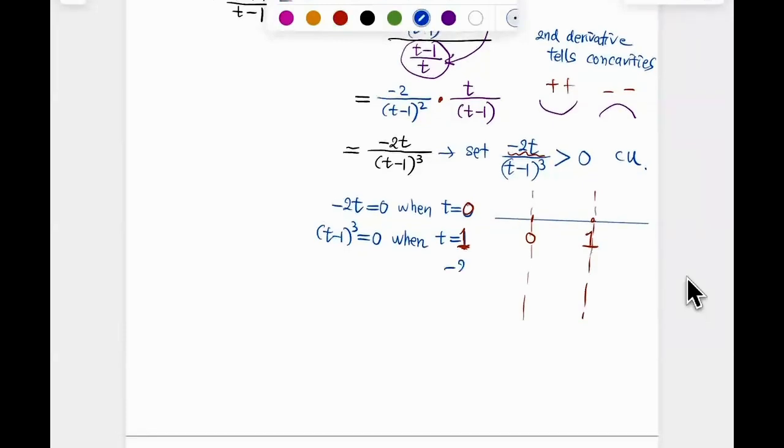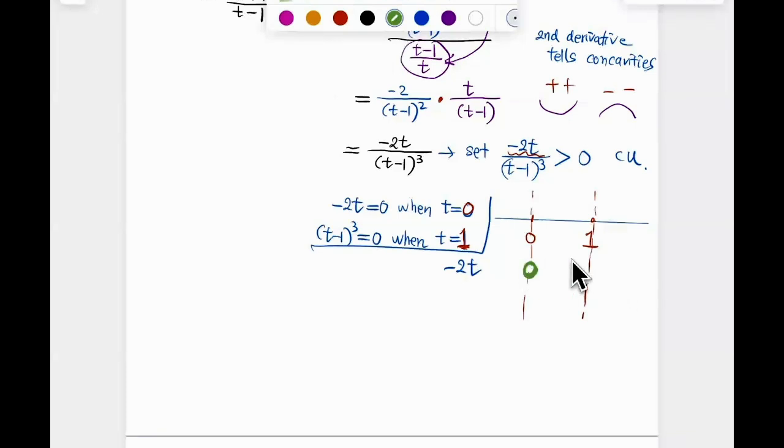So let's look at negative 2t. How will the sign look? Well, it's going to be 0 when t equals 0. What happens when t is greater than 0? Positive or negative? Negative. You got it.